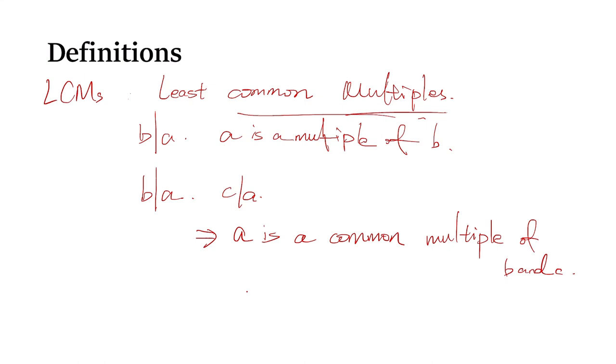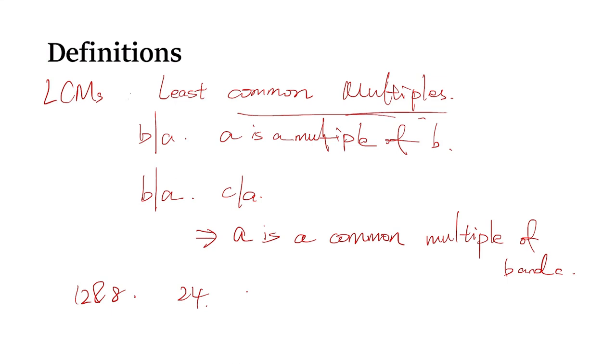So, of course, the least common multiple is the least one of all the common multiples of two numbers. For example, 12 and 8. The least common multiple is 24, right?